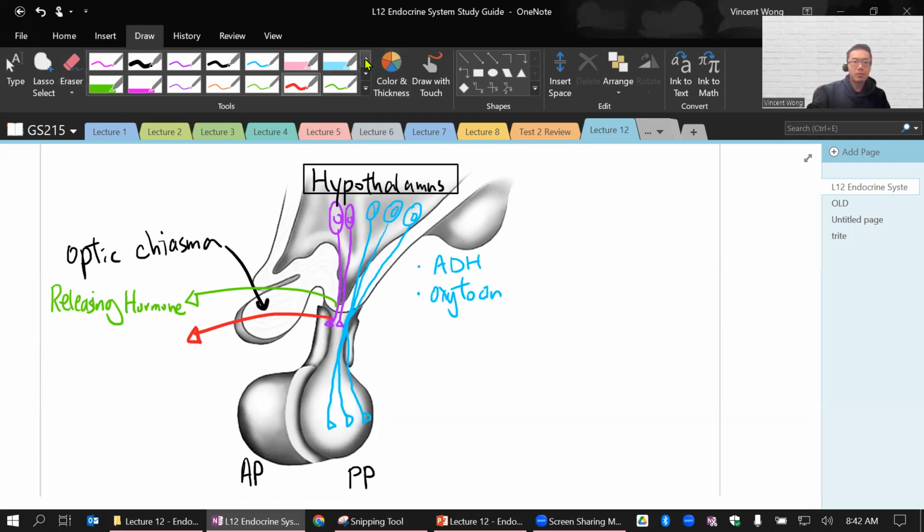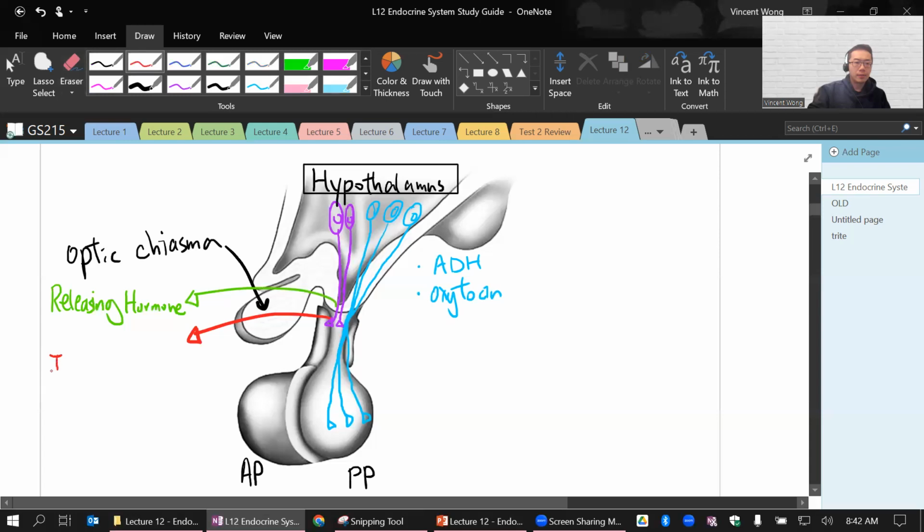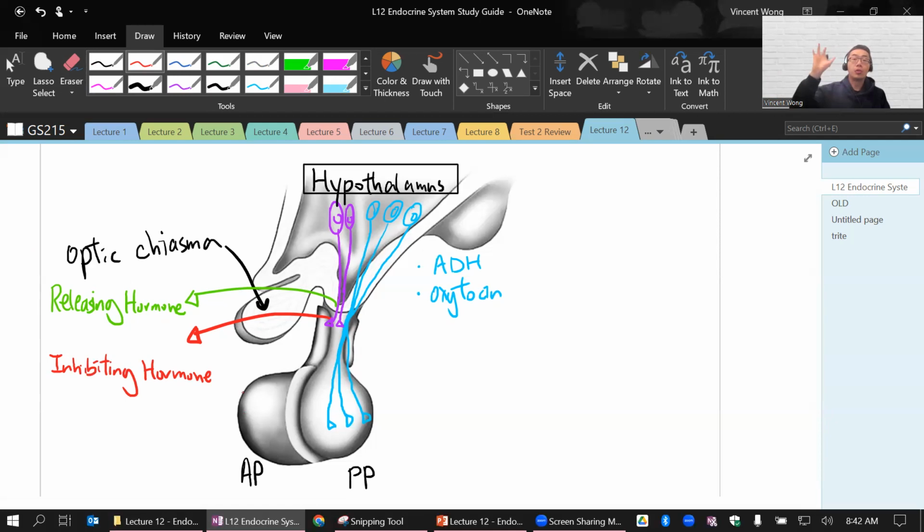This is too thick. And these hormones will then control the anterior pituitary gland, to allow certain hormones to be released, or to suppress the release of certain hormones, depending on what the needs of the body are.